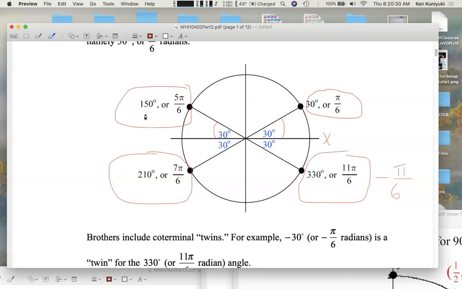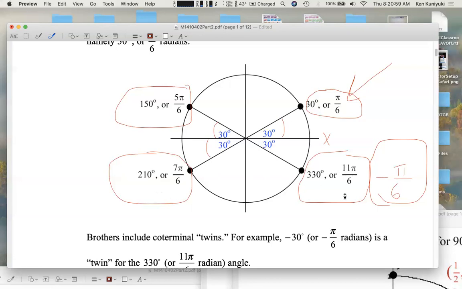So here, the 150-degree angle, or 5 pi/6 radians, that has the same reference angle, 30 degrees, or pi/6 radians. This acute angle is the common reference angle for all 4 of these angles, 5 angles if you include this over here. Again, over here, for 210 degrees, or 7 pi/6 radians, we have the same reference angle, the angle that the terminal side makes with the x-axis.